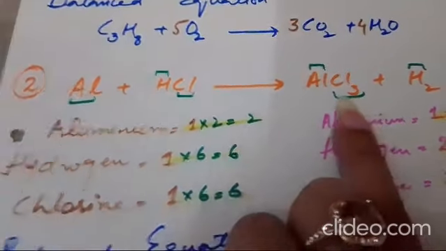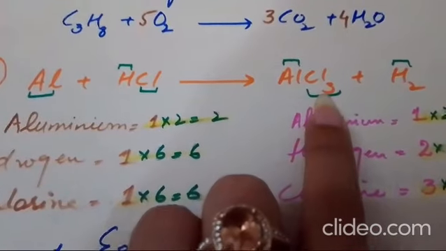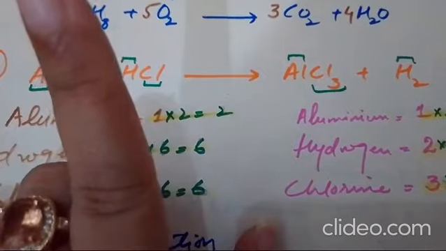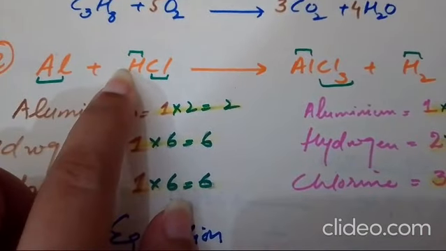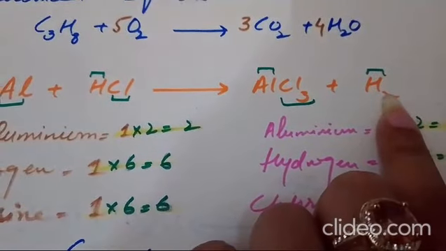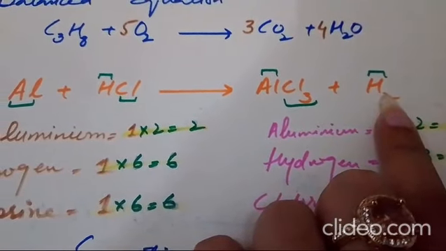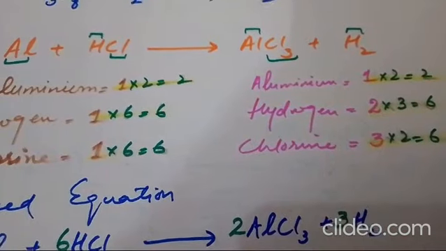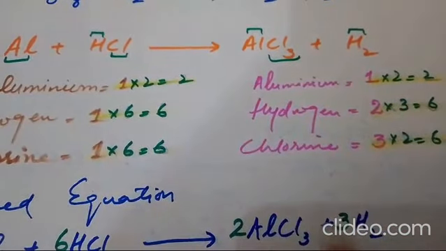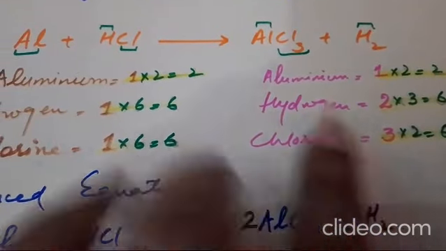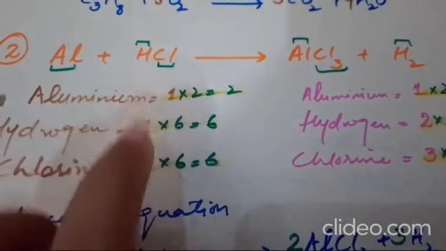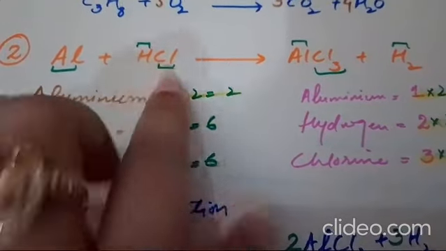See students, here we have 3 chlorine and there is only 1 chlorine. If we add 3 here, then hydrogen becomes 3, but here the hydrogen is 2. So we multiply this hydrogen with 3, 3 2s are 6, and write 3 here, 6 hydrogen and 6 chlorine.